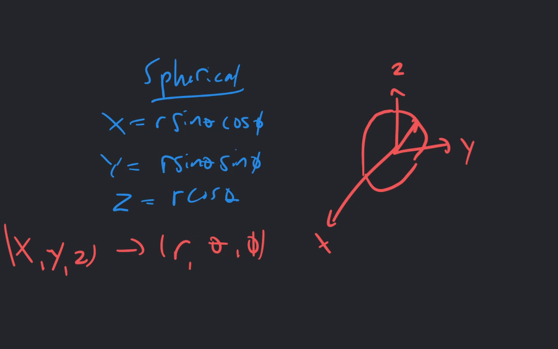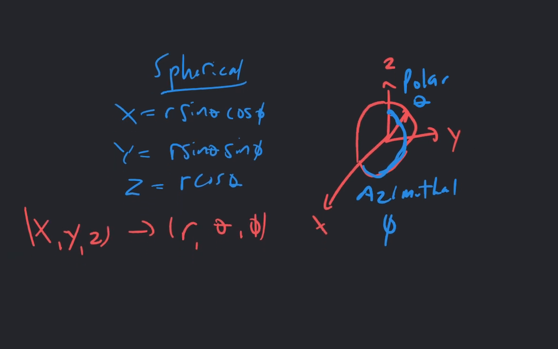Theta is the angle from the z-axis, known as the polar angle, and then phi is this angle, and it is known as the azimuthal angle. So it is the angle from the x-axis, and the polar angle is from the z-axis.